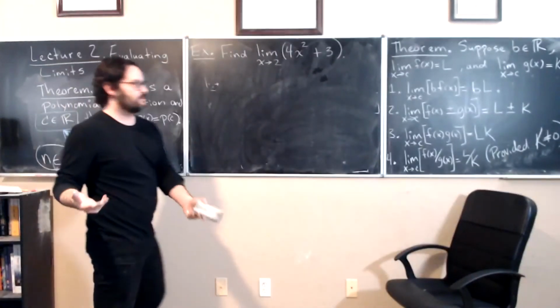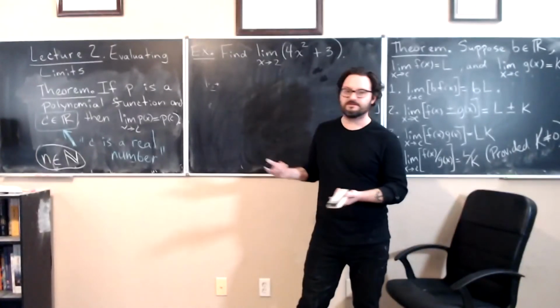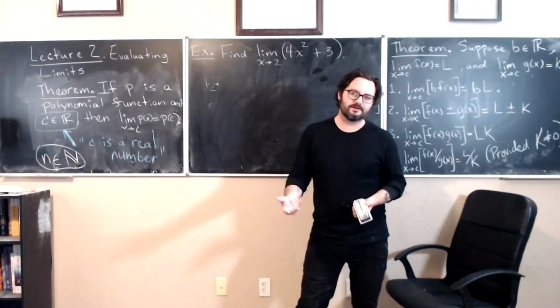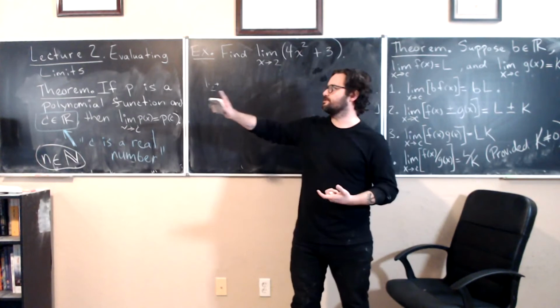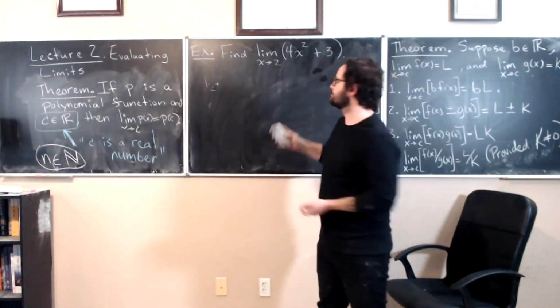Now that we have that theorem, as I was about to mention, we can deduce something else. We can find a corollary, a true statement that follows directly from this theorem. That's what a corollary is.